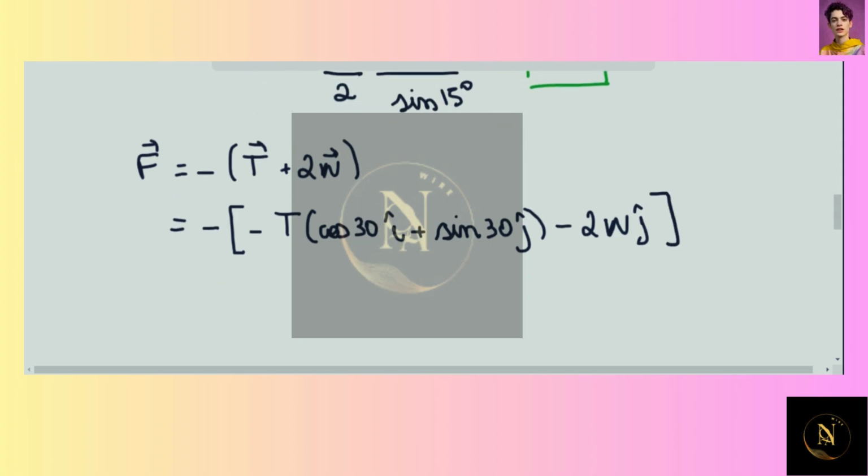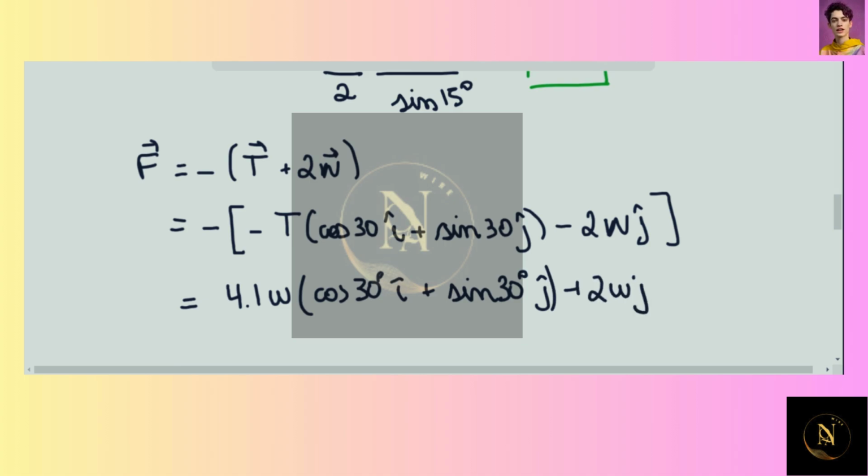So the minuses cancel out, and we have 4.1 W times cosine of 30 i plus sine of 30 j plus 2Wj.